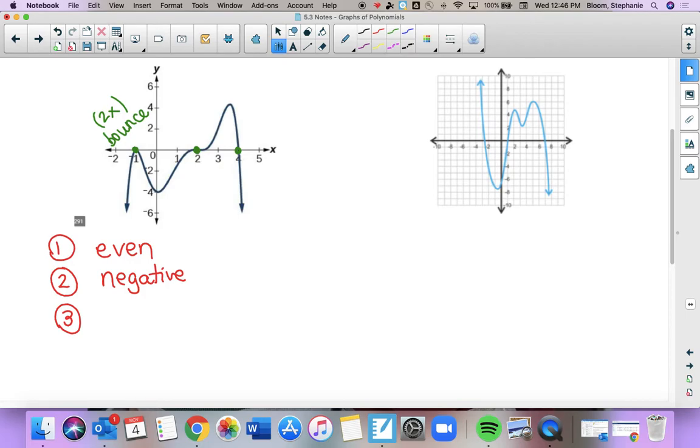So what could be the possible degree on this one? How many times did we cross? 3, with what? What does that bounce mean? It came out twice.